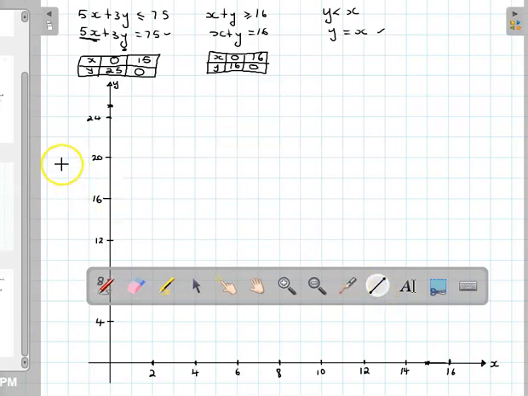And this line also passes through, when x is 12, y is 5. That will help me.